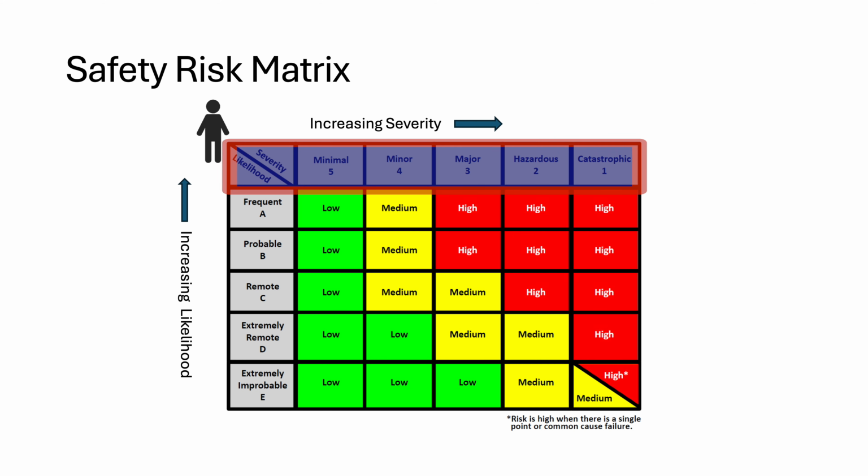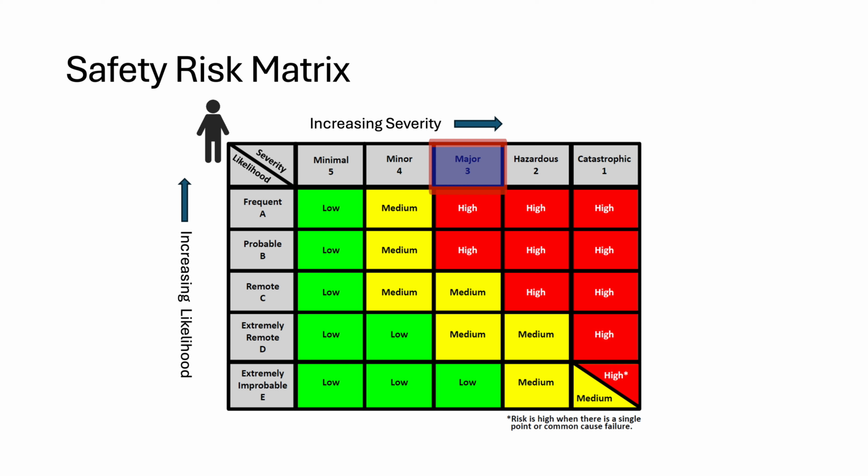The severity scale assesses the impact of the hazard, should it occur. This is typically categorized into levels such as catastrophic: results in multiple fatalities, total system loss, or severe environmental damage. Hazardous: the hazard leads to serious injury, incapacity, major system damage, and outcomes that may overwhelm safety systems but fall short of catastrophic impact.